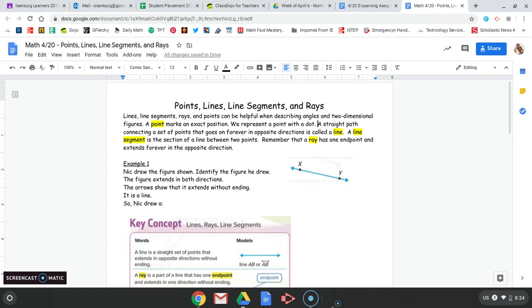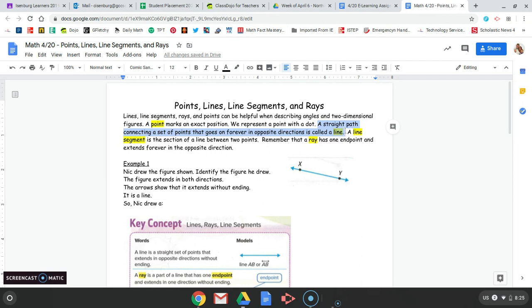So think of it as if I told you guys to line up at the door and you were standing in line, the place where your feet are standing in the line is a point in space. We could draw a little circle around your foot or around both of your feet, and that would be your spot in space. So that's what a point represents, is just a spot in space, and that's why we use a dot. So now let's talk about the next one.